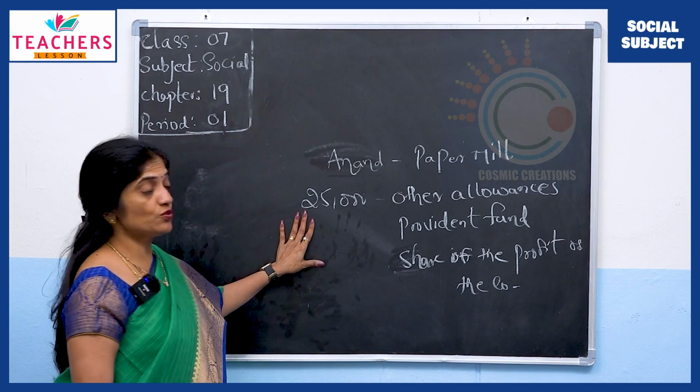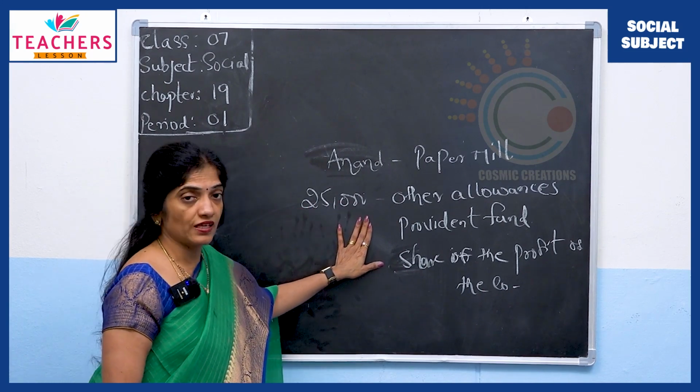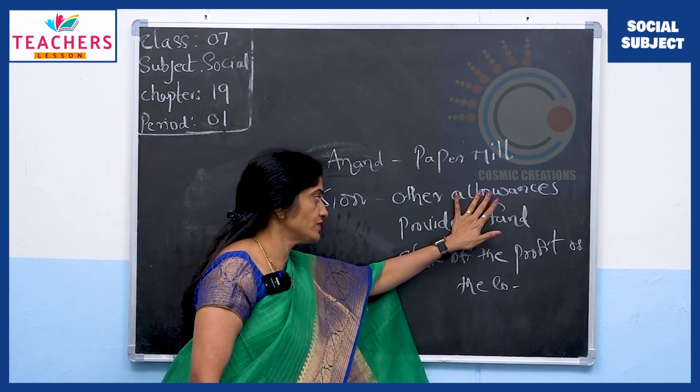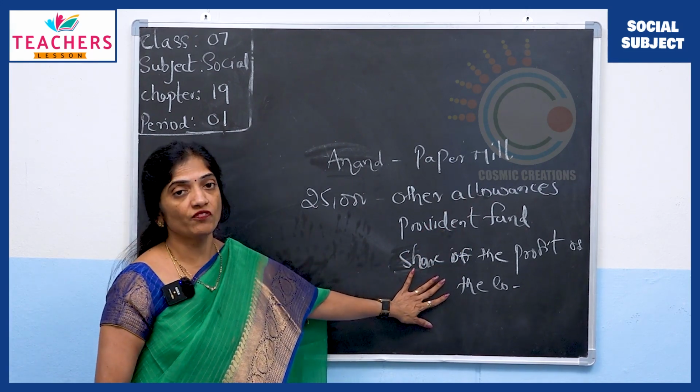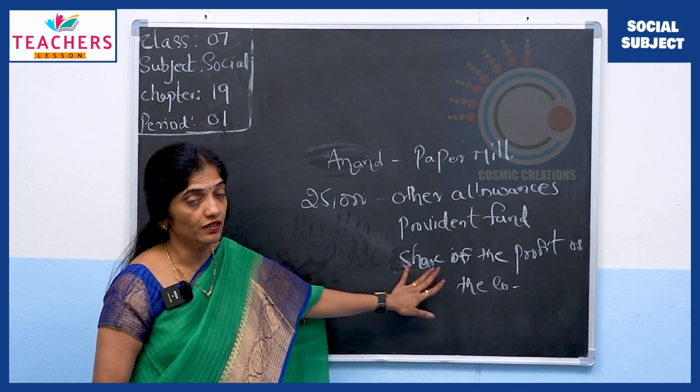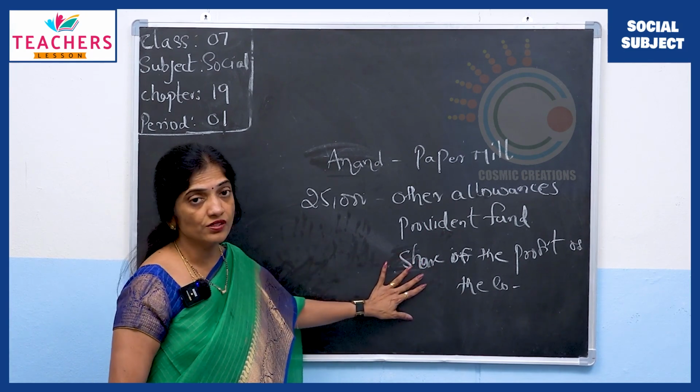So his salary is very high. In addition to his salary, he is getting all other allowances, provident fund, and a share of whatever profit is gained by the company.